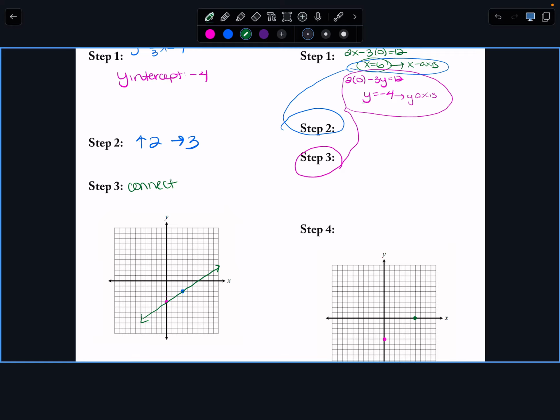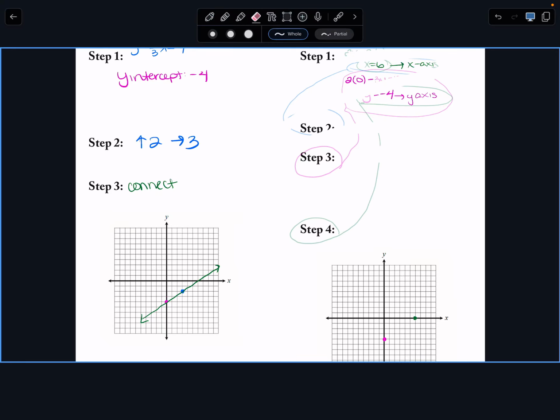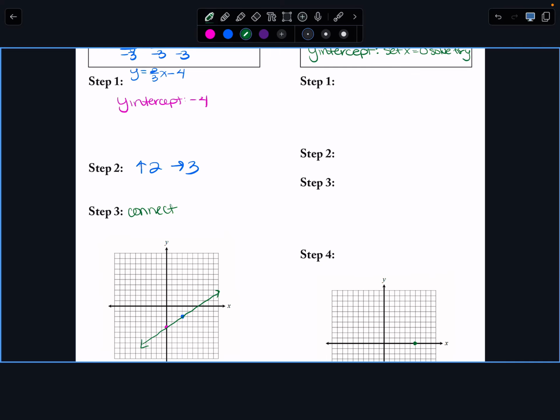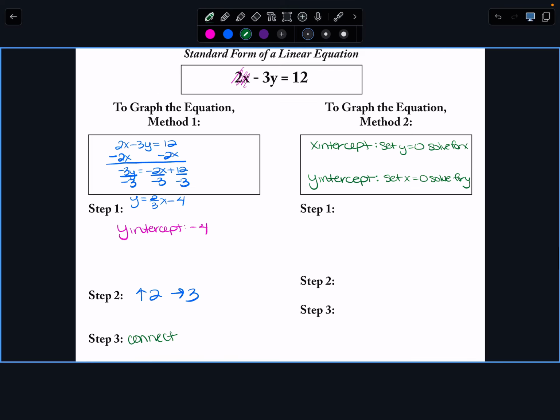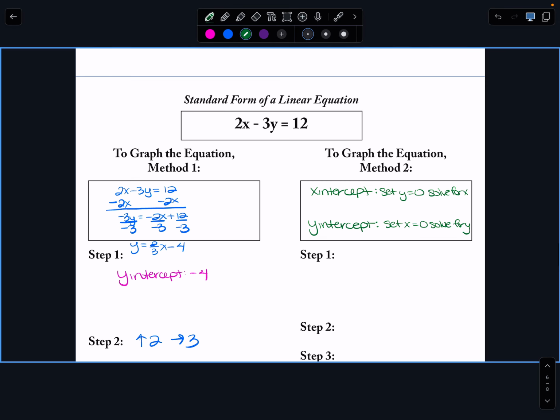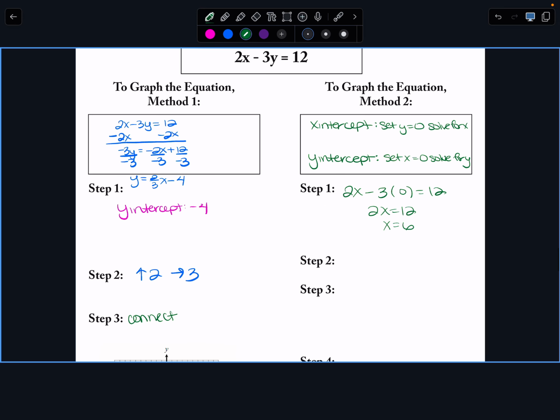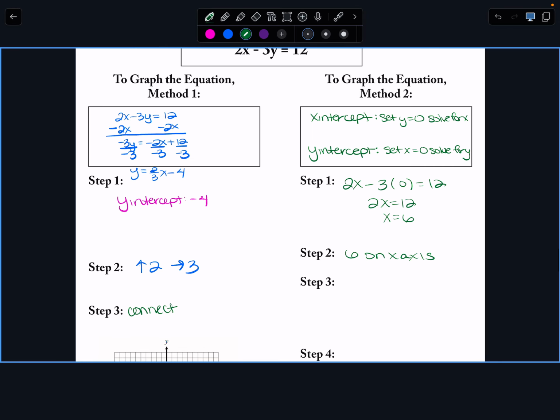And then step 4 is to graph it on the y-axis. It's a mess. Here, I'll clean it up a little bit. Which I did in green, okay. That's what it was supposed to look like.